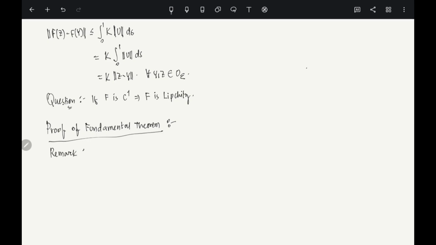If x from some interval I to R satisfies x prime of t equals f of x of t with x(0) equals x0, what does that imply?